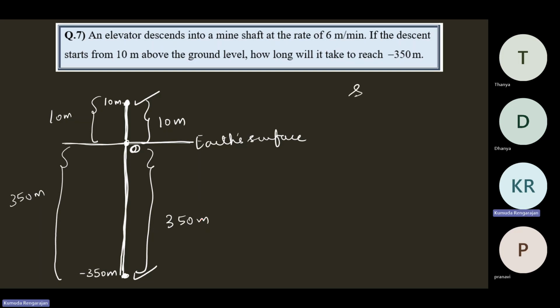So we know that speed is equal to distance by time, and time is equal to distance by speed. So time taken will be distance, 360 meters, divided by speed, which is 6 meters per minute. So 6 sixes are 36, 6 tens are 60.